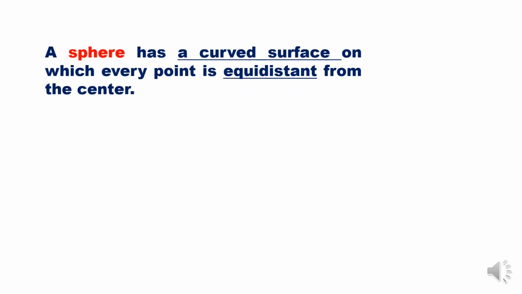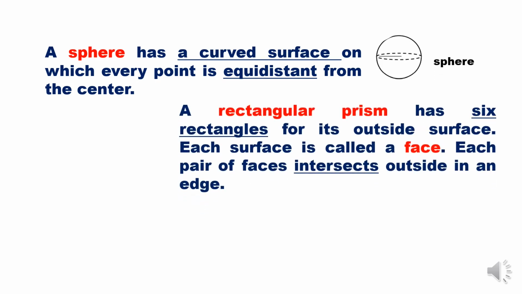A sphere has a curved surface on which every point is equidistant from the center. A rectangular prism has 6 rectangles for each outside surface. Each surface is called a face.